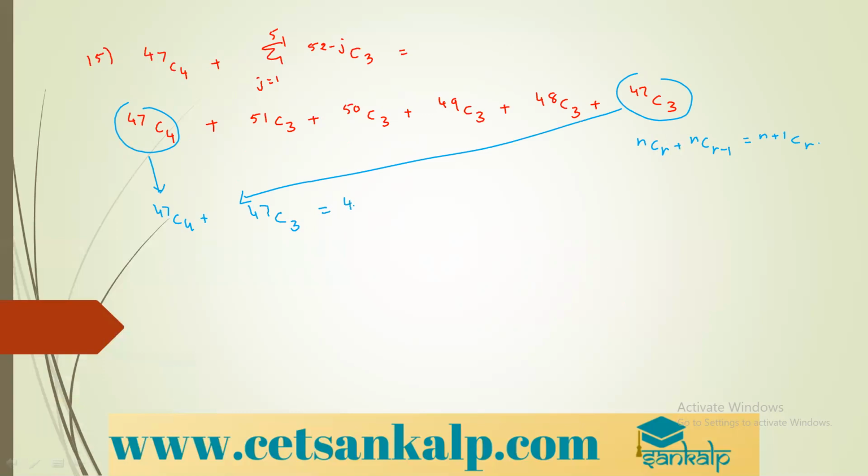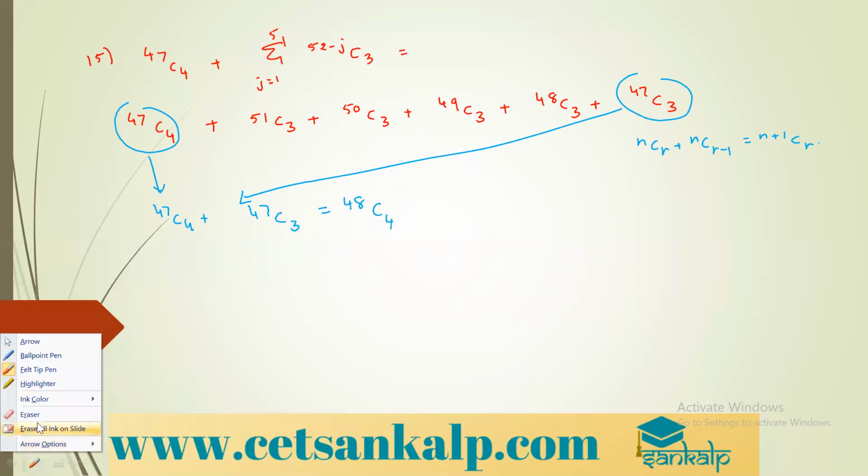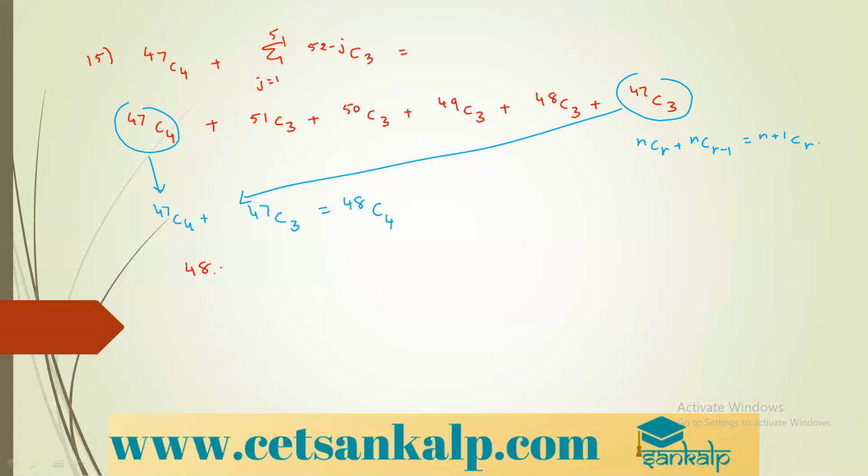This will give me N plus 1 CR. Now because I got 48C4, I will take this 48C3 and add. So I will have 49C4.